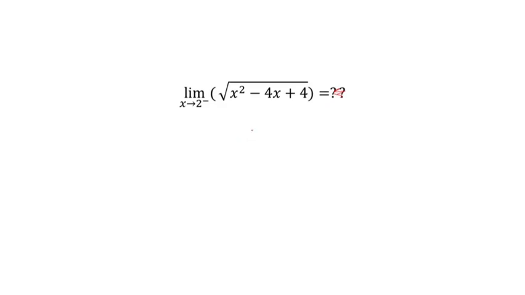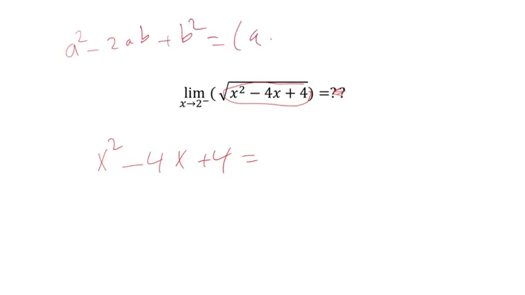So the same thing here. I'm just going to take what's inside the square root: x squared minus 4x plus 4. I'm going to write it in the form of the identity a squared minus 2ab plus b squared, which is just a minus b squared.